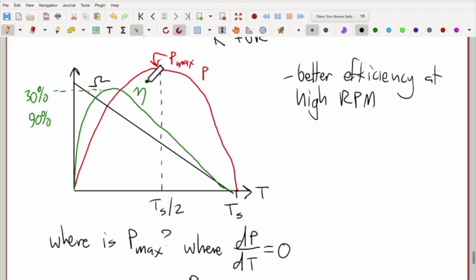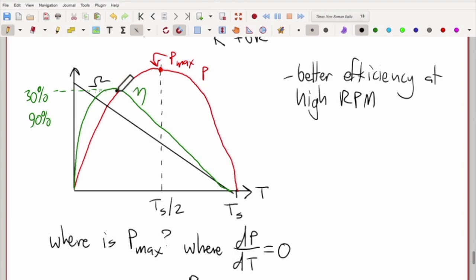So you're trading off efficiency and power. If you want to get max power out of your motor, you want to operate here, for power to weight ratio, for example, in a setting where the mass of the motor matters a lot. Otherwise, you often want to probably sit over here at the max efficiency point.